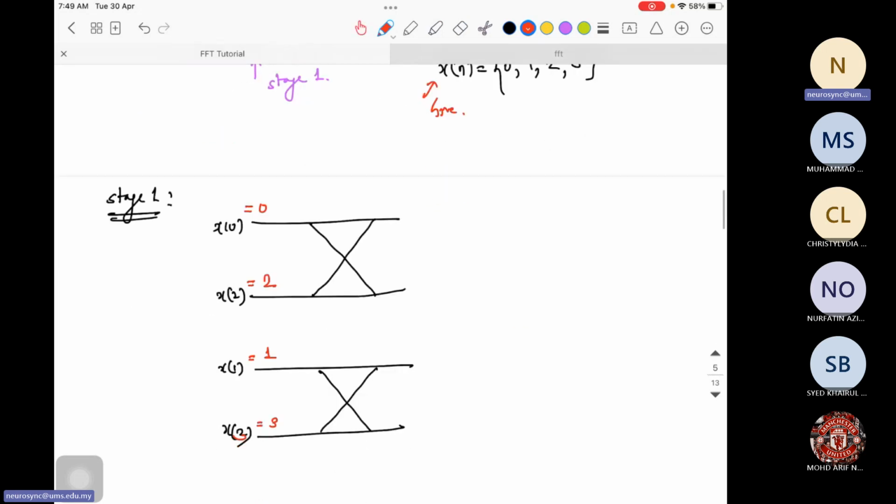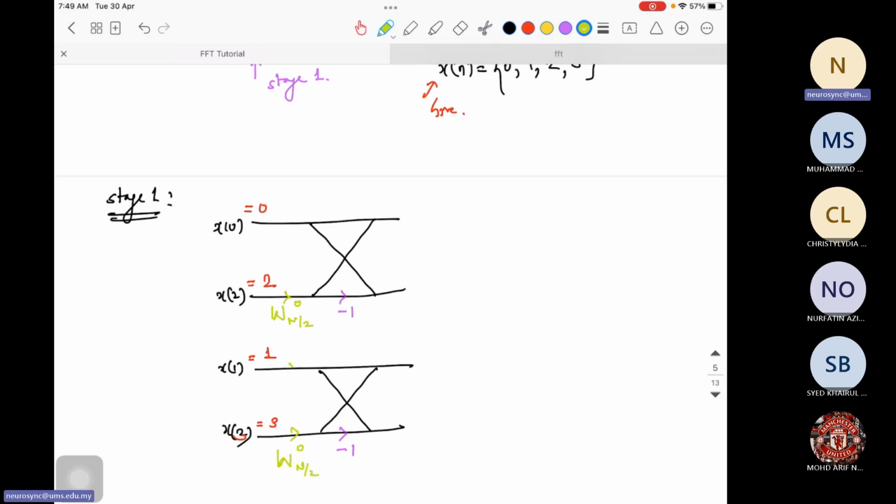Now this is always minus 1 here. And the twiddle factor basically comes here. What is the twiddle factor needed here? W n by 2 to the power 0.